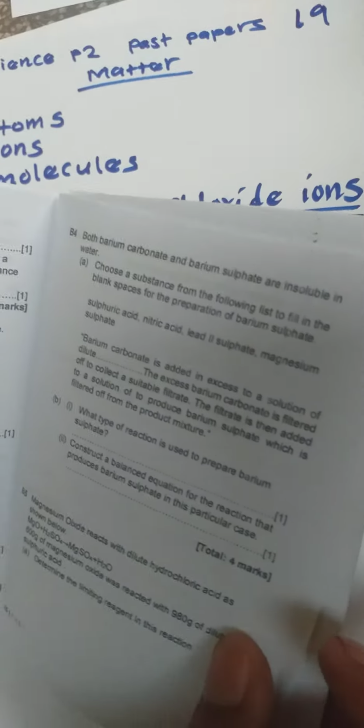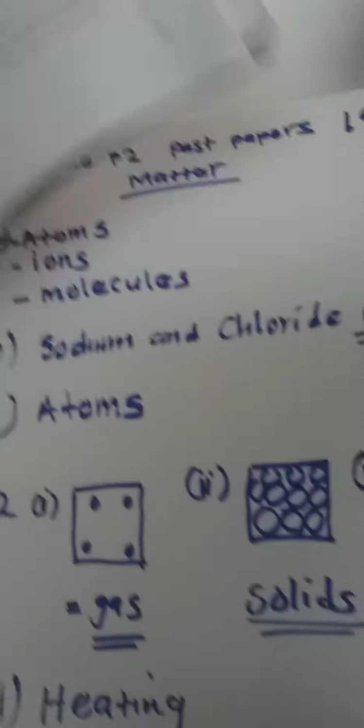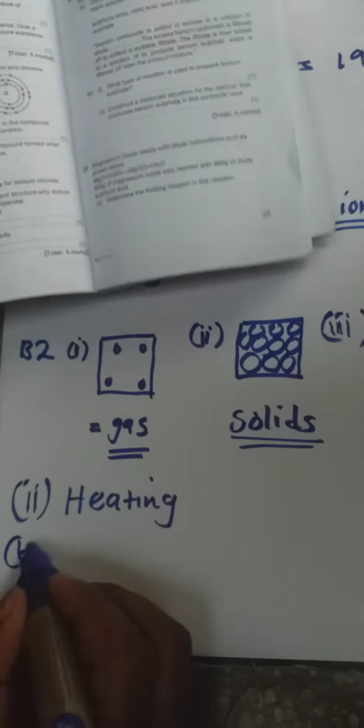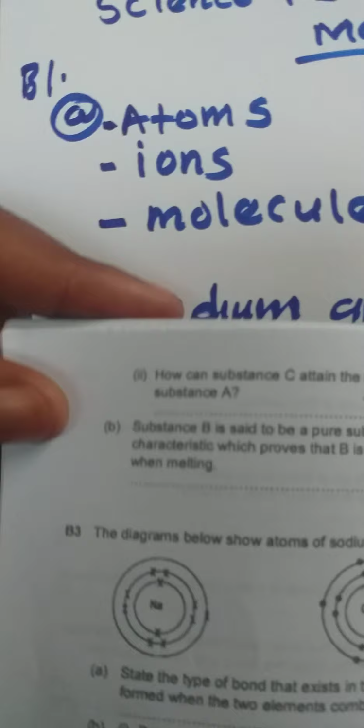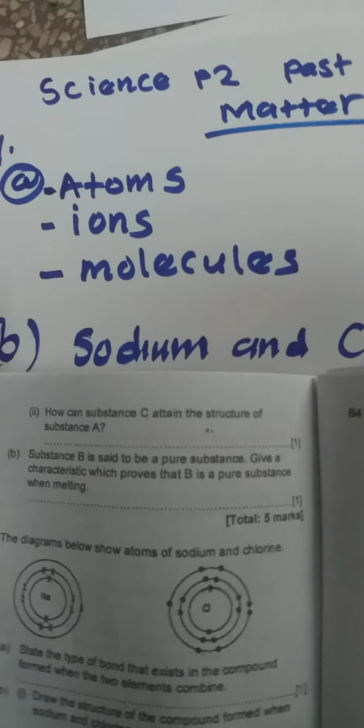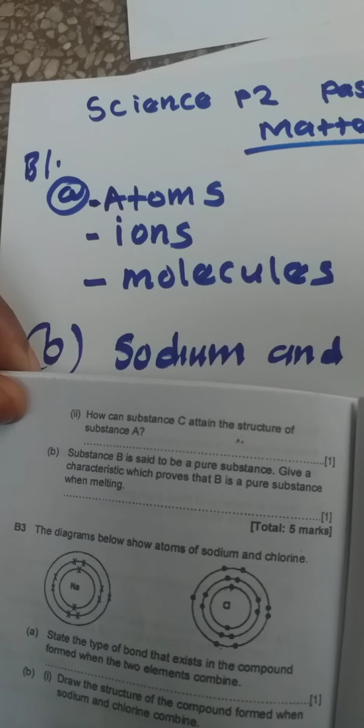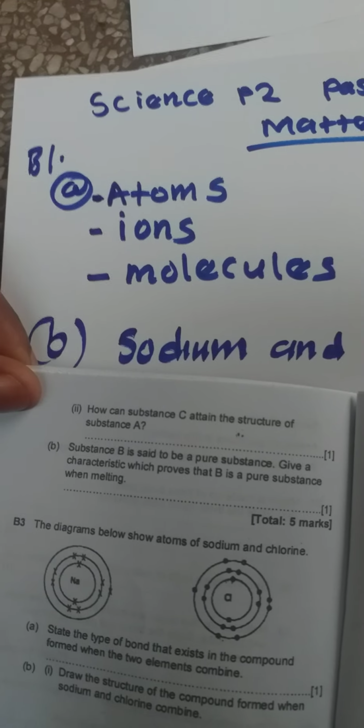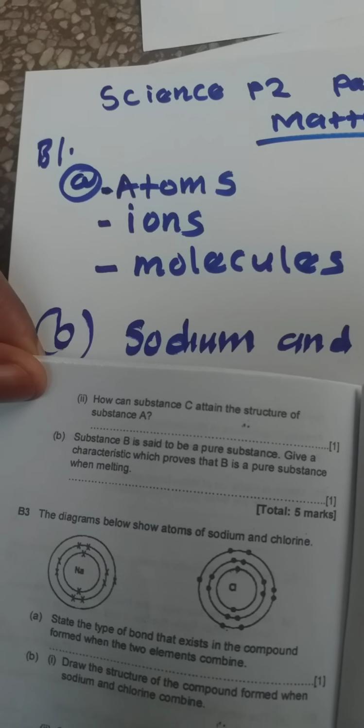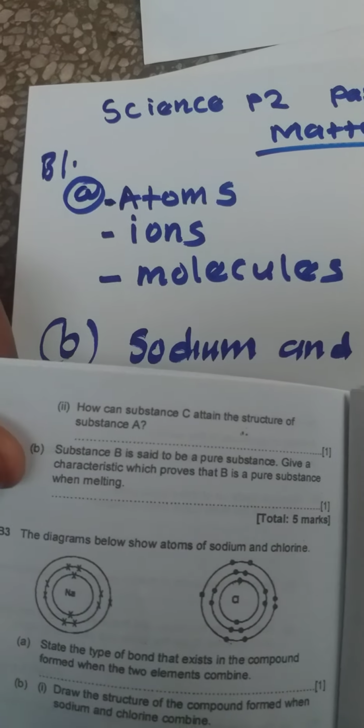So then lastly, we have part B also. Part B is talking about substance B, which is said to be a pure substance. Give a characteristic which proves that B is a pure substance when melting.